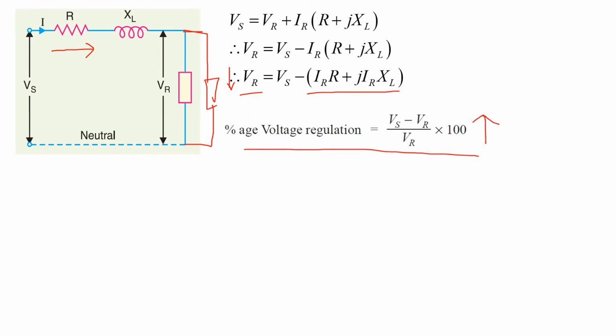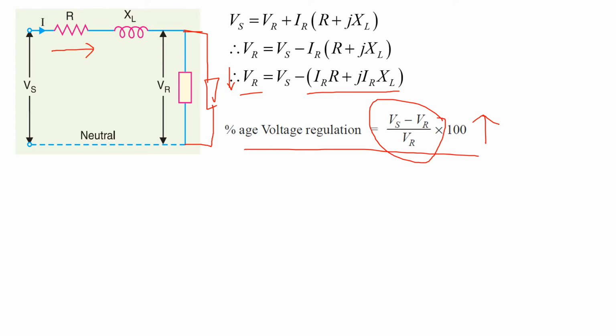In power system analysis, our objective is to get the voltage regulation value as small as possible. Ideally, the voltage regulation should be 0. So voltage regulation equal to 0 is possible only if Vs is equal to VR. And Vs equal to VR is ideally possible only when the drop across this R and XL can be minimized to 0.